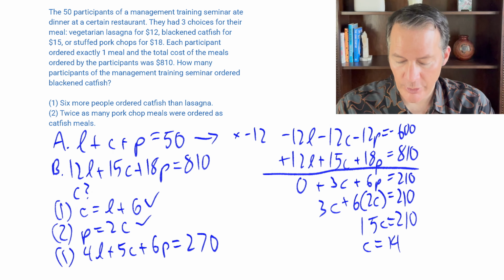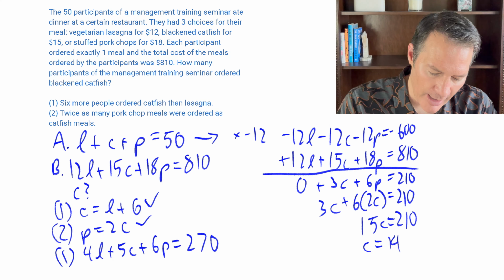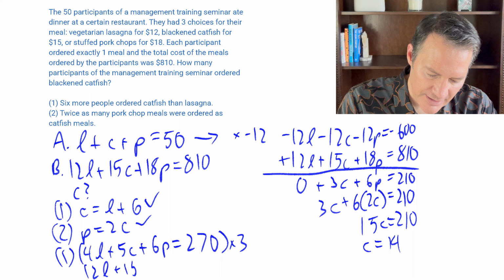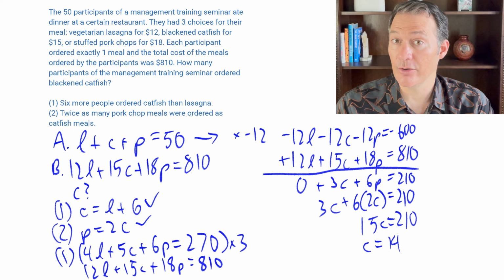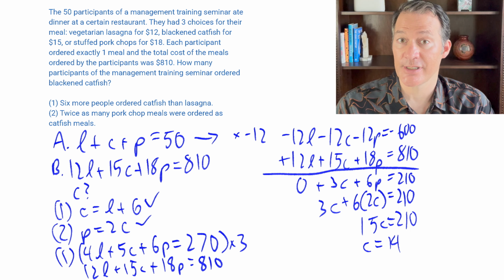However, look how similar it is to equation B. In fact, if we go ahead and multiply it by 3, we're going to get 12L plus 15C plus 18P equals 810, which is the same as equation B. Okay, so this is actually not a new equation. It's the same equation, and it would not give us new information, so it's not sufficient.